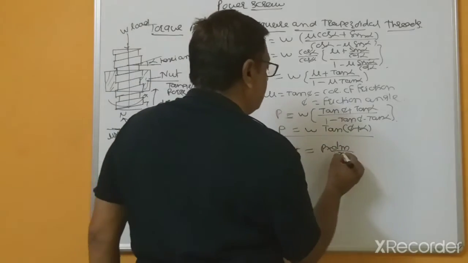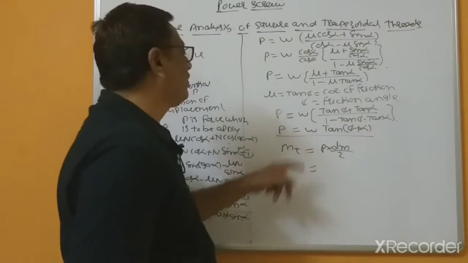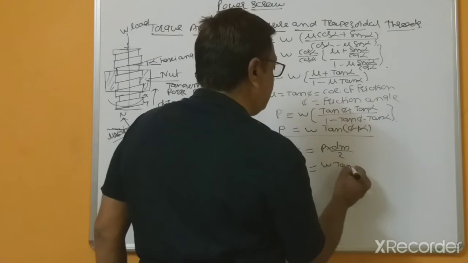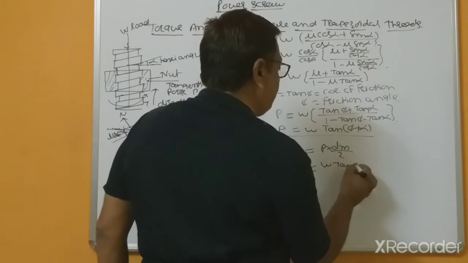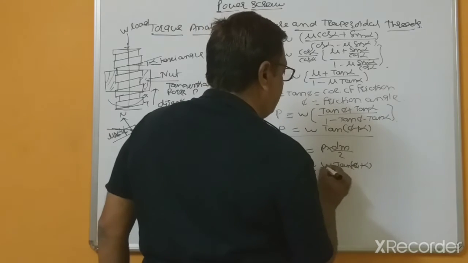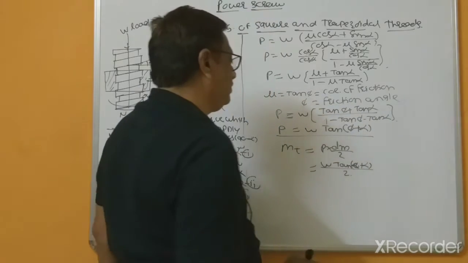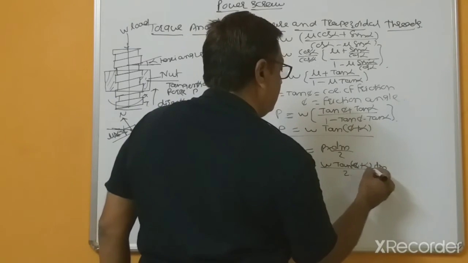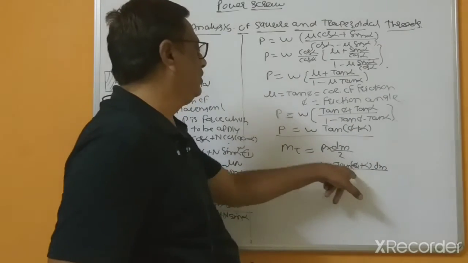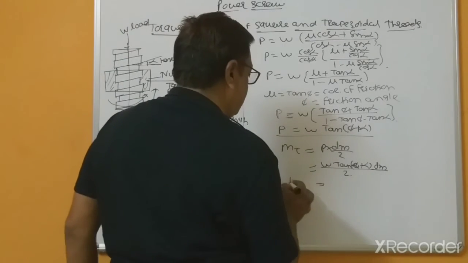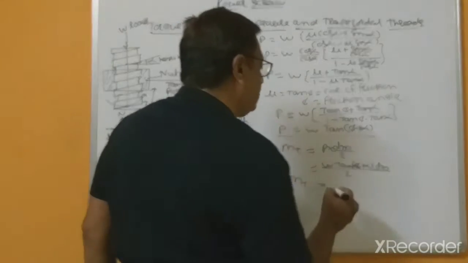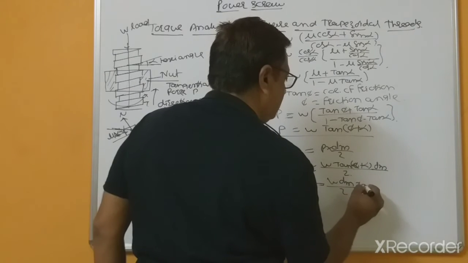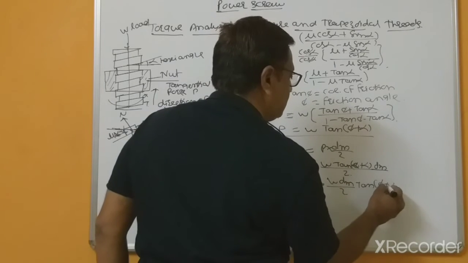Putting the value of P in this equation, W tan of phi plus alpha divided by 2 multiplied by d_m. So M_t equals W d_m divided by 2 into tan of phi plus alpha.